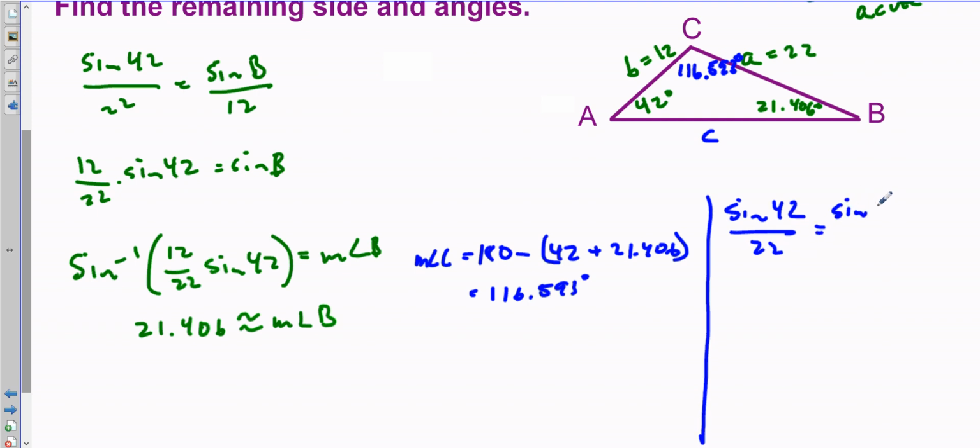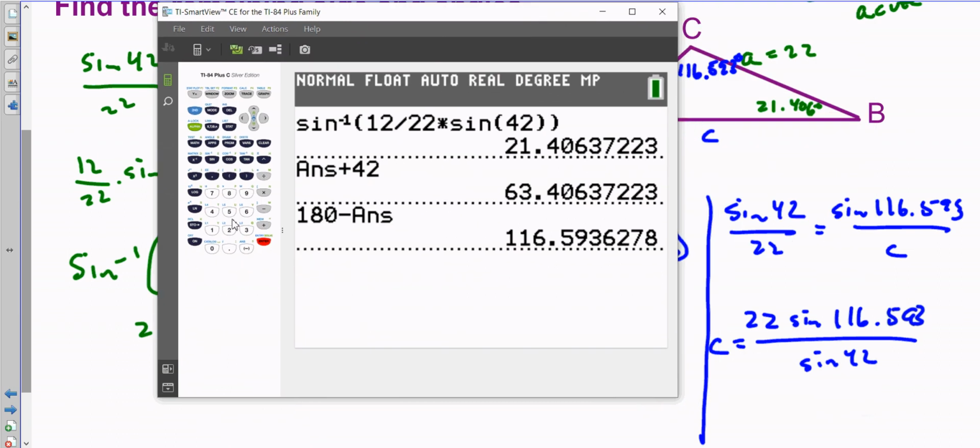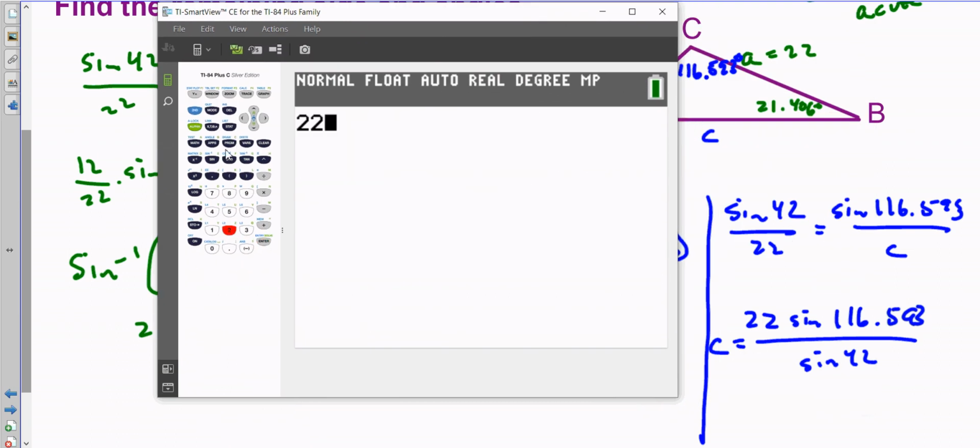This is going to be a little bit off depending on how you round. All right, 116.593 over C. Cross multiply, and what we have is 22 times the sine of 116.593 divided by the sine of 42, and that equals C. If you take out your calculator, you can go 22 times the sine of 116.593, close parentheses, and divide that by the sine of 42.